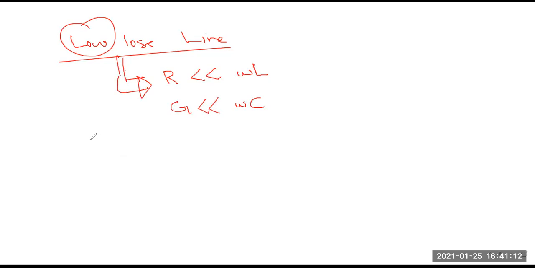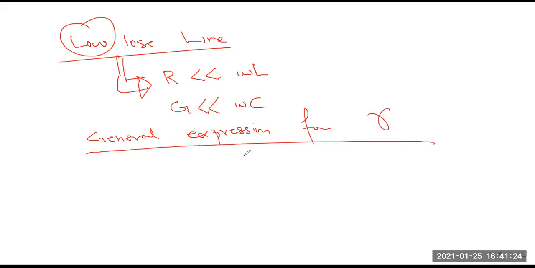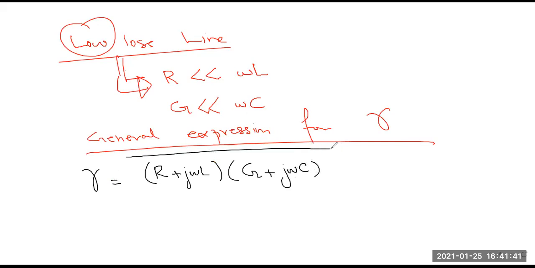Now, the general expression for the propagation constant that we have derived before is gamma equals the square root of (R plus j omega L) into (G plus j omega C).